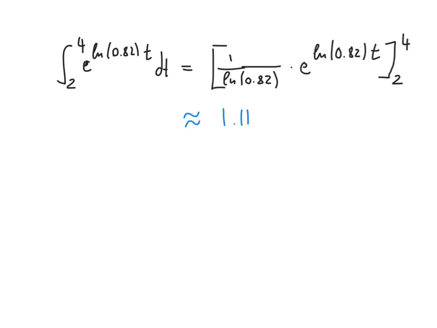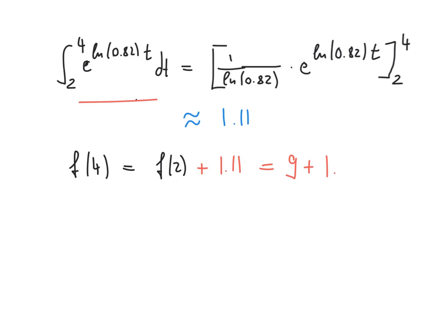So now to get f of 4, we just remembered this was f of 2, plus this integral here, so plus 1.11. F of 2 was 9. So this would be 10.11.